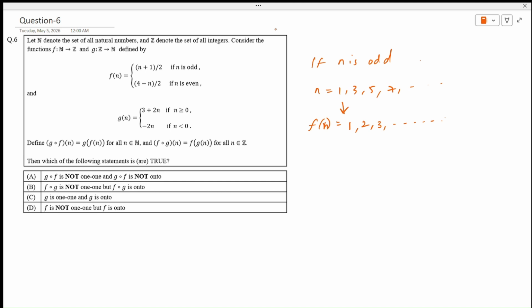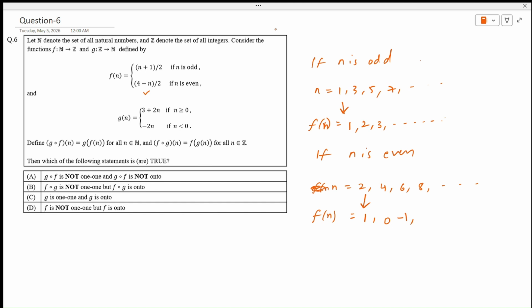Let us look at if n is even. Then n can take 2, 4, 6, 8, and so on. So f of n is equal to, if we substitute 2, then we'll get 2 minus 2, which is 0, by 2, so 1 was wrong here. Substituting 4, we'll get 4 minus 4 is 0. And if we substitute 6, we'll get minus 1.